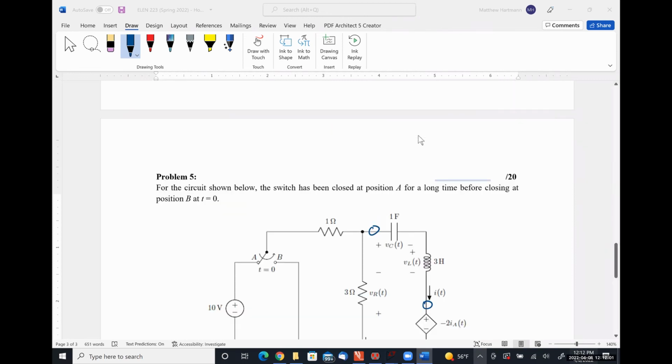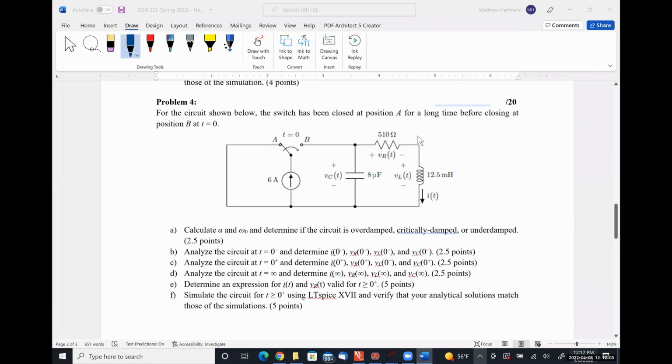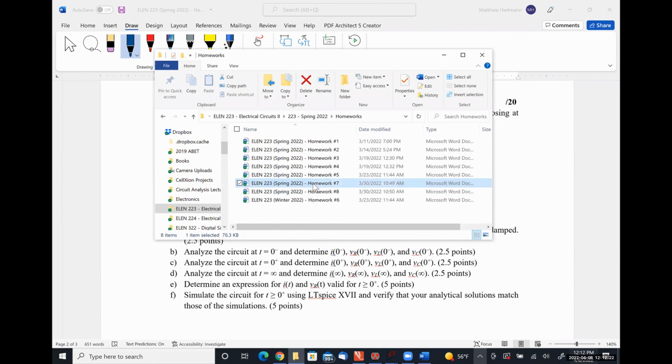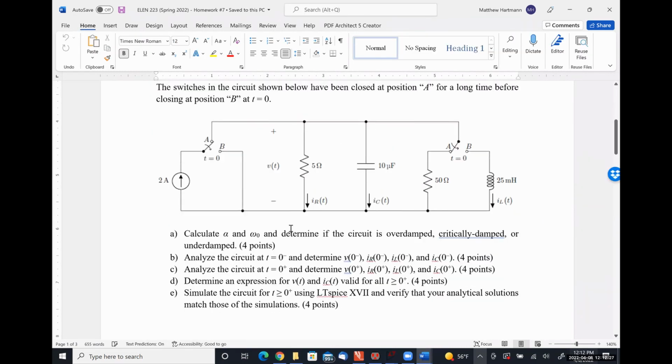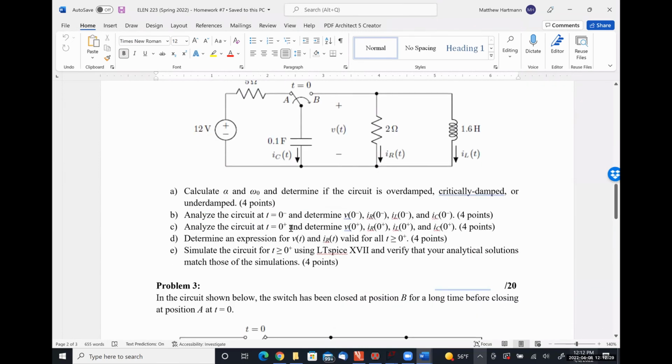All right, so for this one, it's specifically saying, I ask you to calculate I and VR. Well, I flows into the positive terminal here, so 510 times I is the VR that you're looking for. If I open up homework set number 7, let me find one that I asked for resistor quantity.